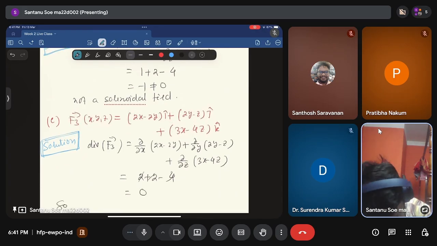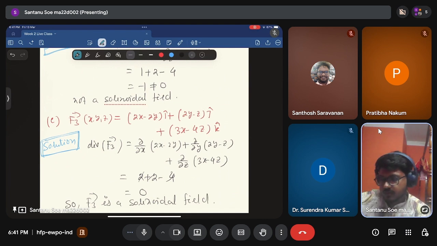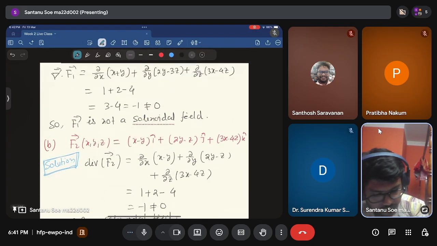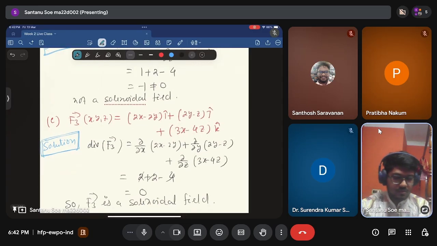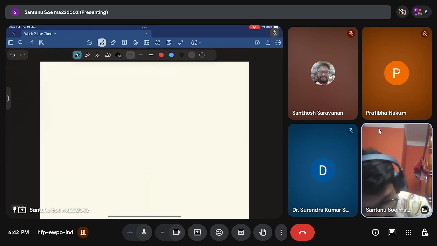So F3 is a solenoidal field. Okay. Is this clear up to this question number 3? Okay. So I hope this is clear now. This is not that difficult.